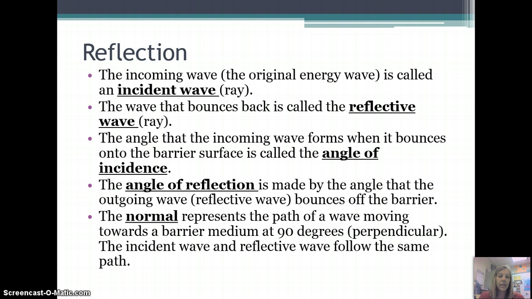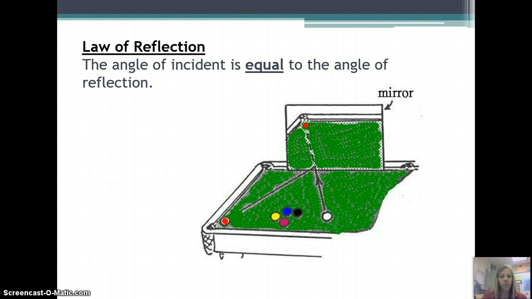So when the sound wave, incident wave, bounces off the barrier medium, it creates another angle called the angle of reflection between the reflective wave and the normal. Don't forget that is important when you're trying to figure out the angles that you draw that normal line in. The normal is 90 degrees or perpendicular to the surface or barrier medium that the wave is bouncing off.